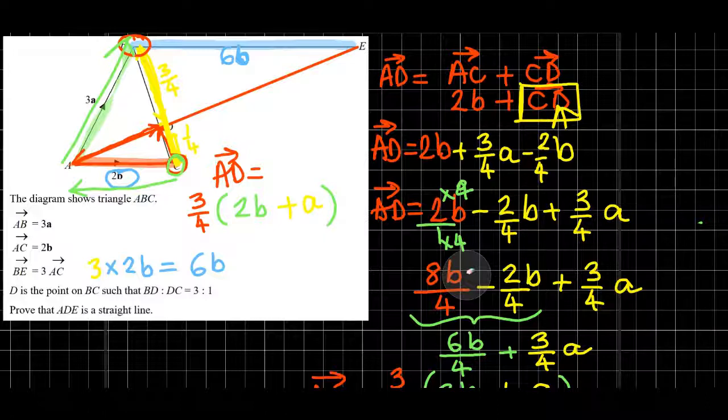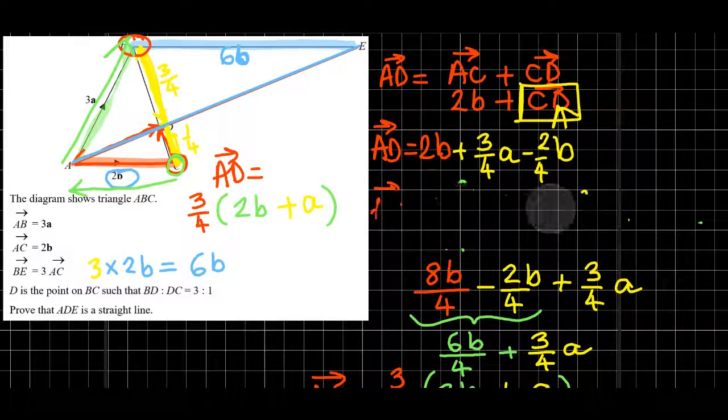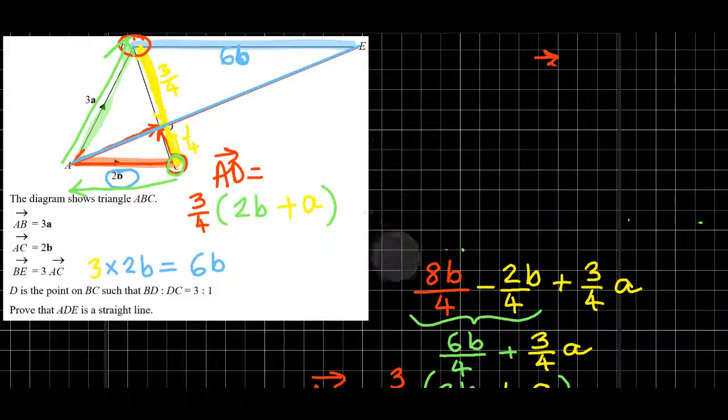Next, we're going to find the line AE. We've worked out the line AD, which is that line. We're now going to work out the line AE.